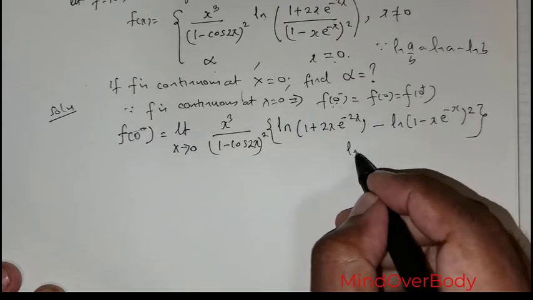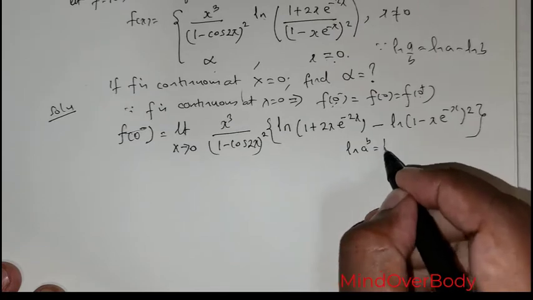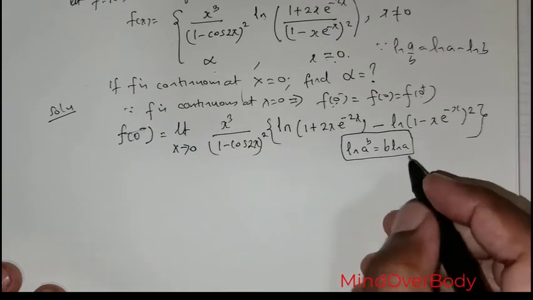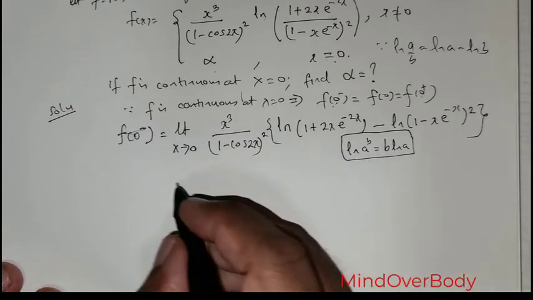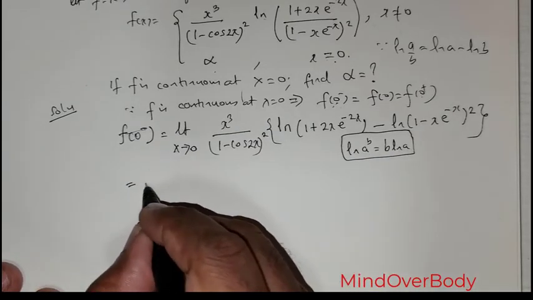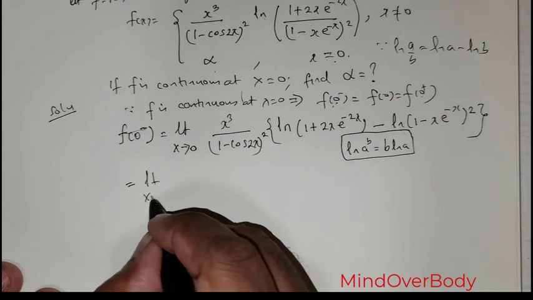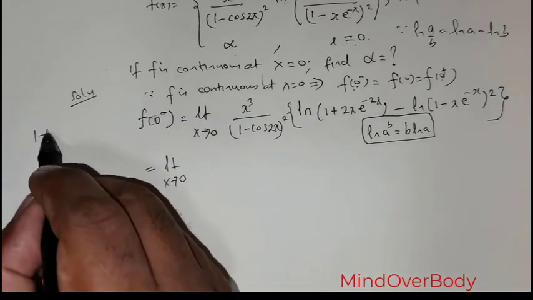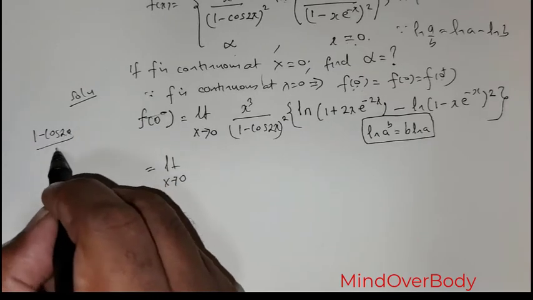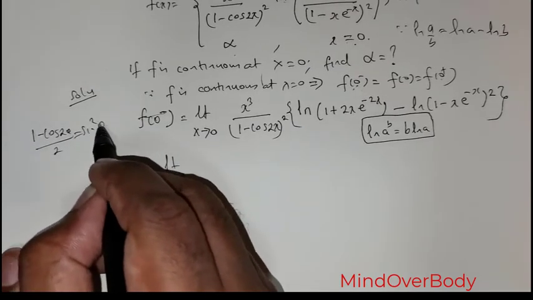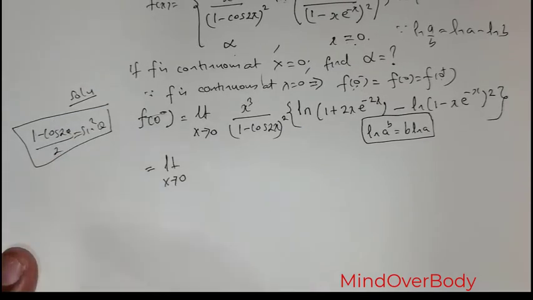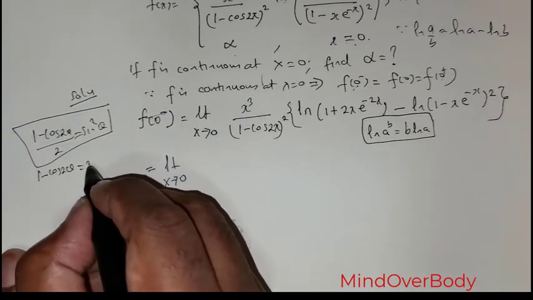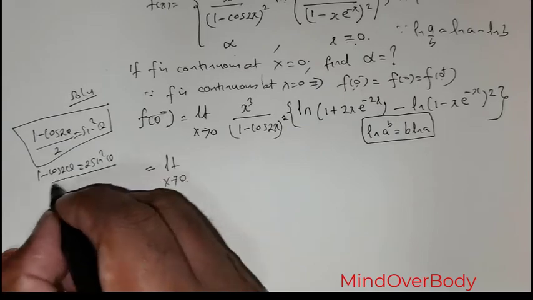Now there is a formula which says that ln of a raised to the power b is equal to b times ln a. If I use this formula, this is going to be the limit as x tends to 0. We know that (1 − cos 2θ)/2 is equal to sin²θ, so 1 − cos 2θ is equal to 2 sin²θ.